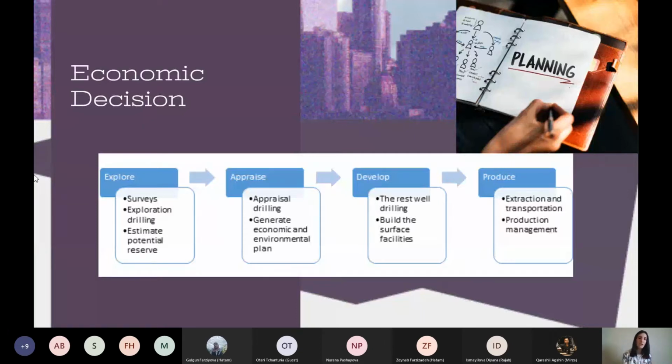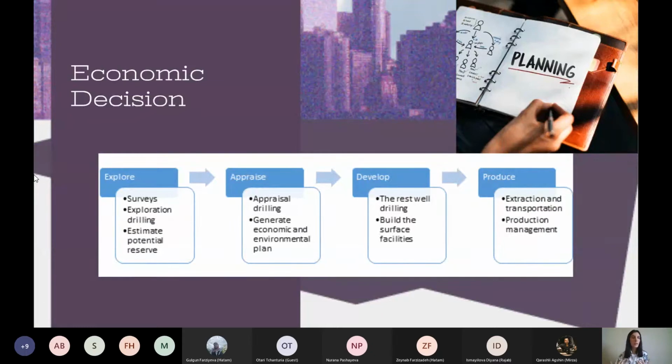After exploration, you have to appraise. Appraise means you have to evaluate your finding. That's why you use your second drilling, which is appraisal drilling. You evaluate your petroleum, and you have to generate an economic and environmental plan: for example, when I should start, how I should transport this petroleum, with pipeline or with trucking.